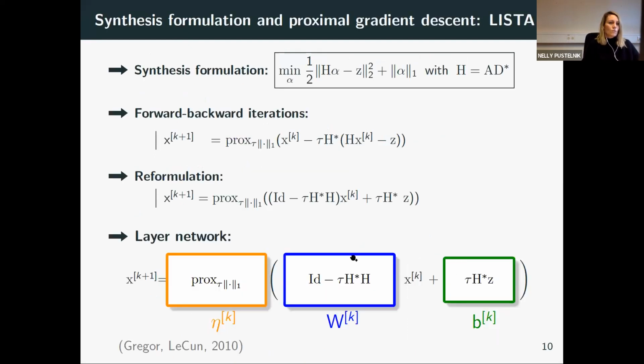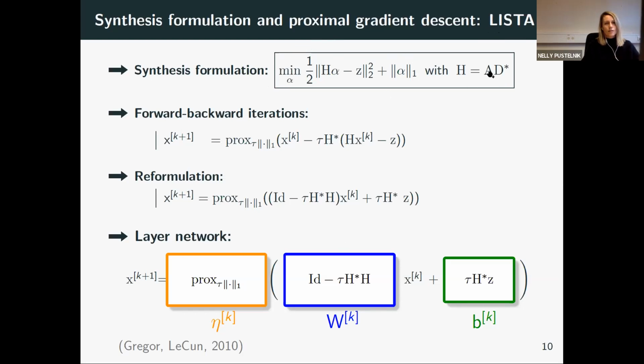One of the main works, and the first work dedicated to this unfolded iteration, is the work by Gregor and LeCun with the network called LISTA. And the idea is the following. You start from this synthesis formulation I presented at the beginning.